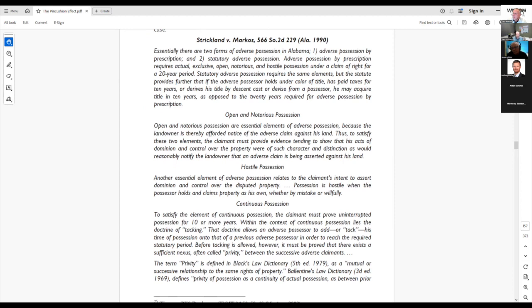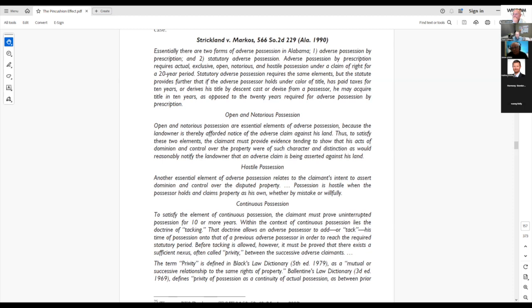So what it's saying is if there's some sort of document, color of title, or taxes involved, it actually lessens that time. I think that's a unique one. I don't know that I've ever seen it written that way in any surrounding states, so that would be one to ask Jeff about. I'd be curious to know more.